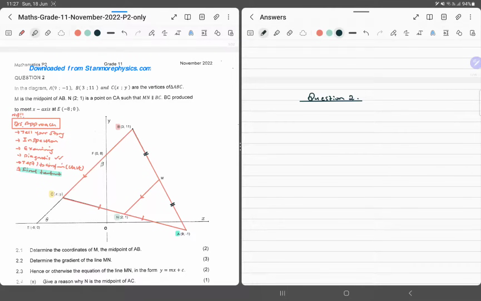Is a point on CA such that MN is parallel to BC, so we can see that. BC produced, now when you produce a line, it becomes the same straight line, or it at least carries the same gradient. Maybe not quite a good extension right there.